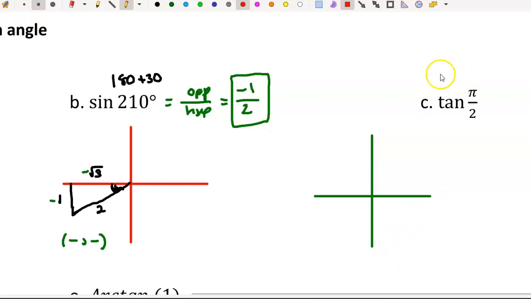What is it in degrees? 90. So 90 degrees would be right here. So remember, tangent is asking basically what is the slope. They're asking what's the tangent of an angle. They're asking what the slope of that angle is. So what is the slope from here to here? It's undefined. Yep, so undefined.